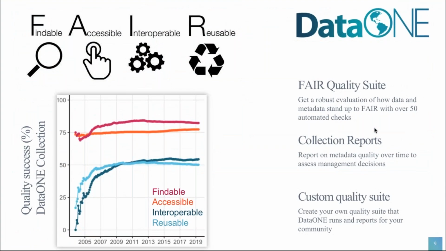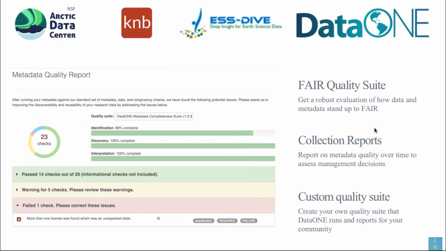I already talked about the FAIR suite in this collection report, but in addition to the individual data sets, we get that whole collection report for all the data sets in the repository.